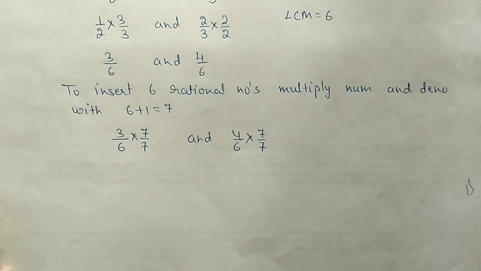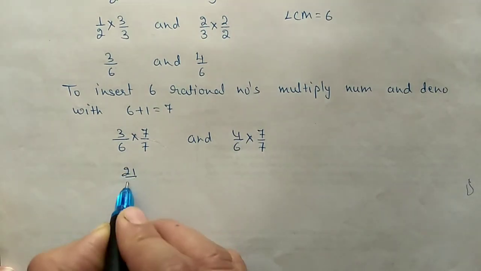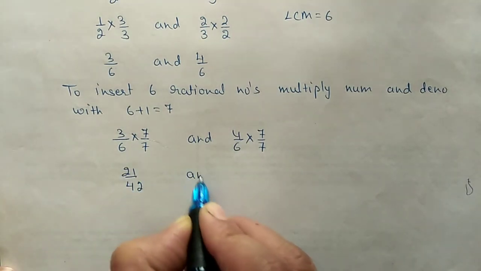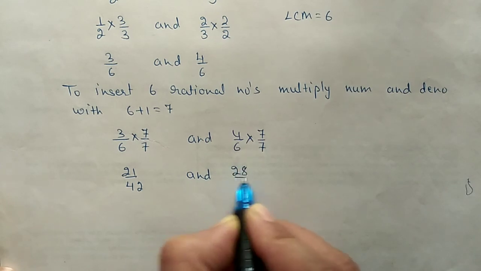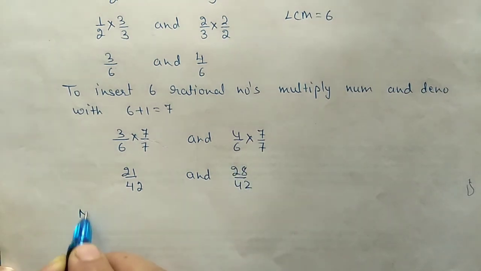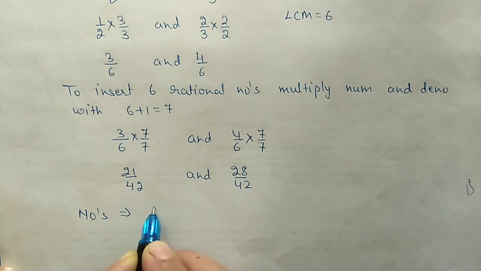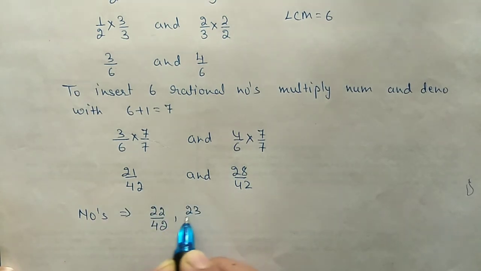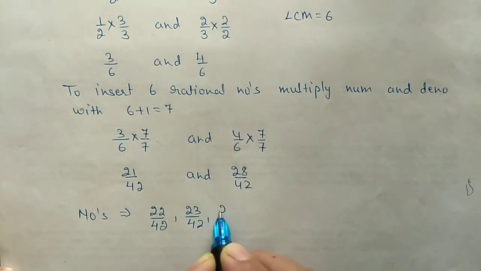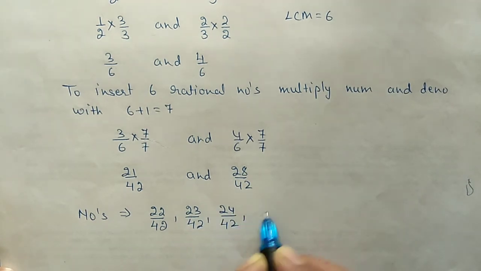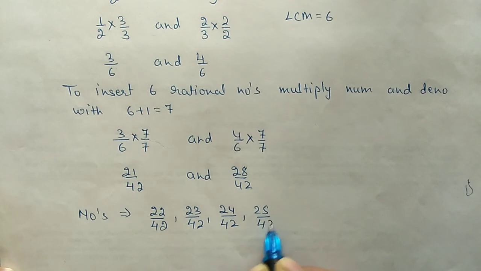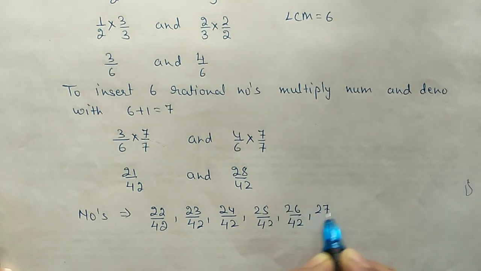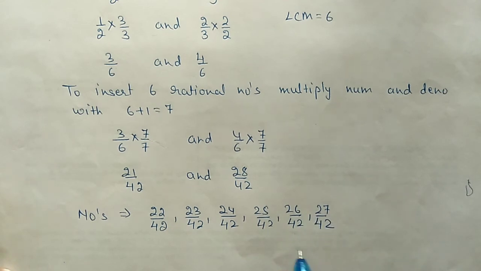After multiplication we will get 21 by 42 and 28 by 42. So the in-between numbers are 22 by 42, then 23 by 42, 24 by 42, 25 by 42, 26 by 42, 27 by 42, and wherever possible we can change into simplest form.